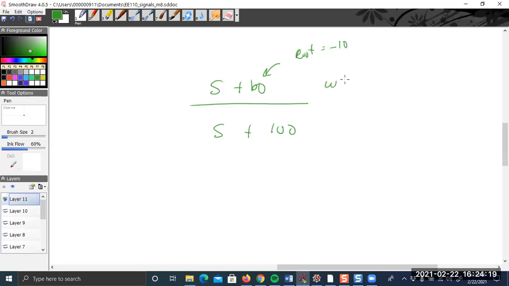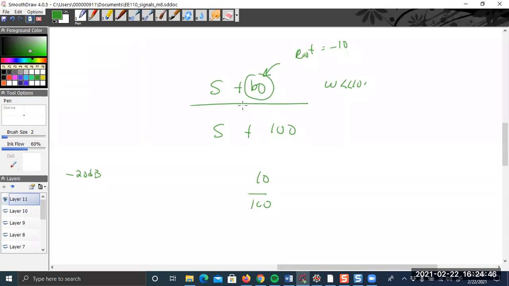And so let's just say, what if omega is much, much less than 10? All right. So I'm going to have this left over. So if omega is a lot less than 10, it's much less than 100. So I'm going to have 10 divided by 100, or minus 20 dB, right?